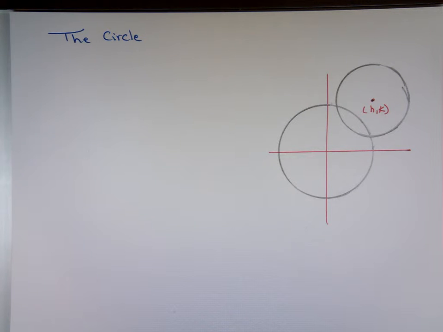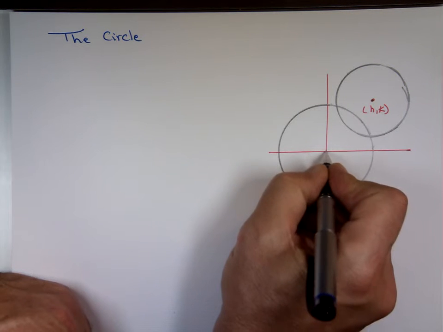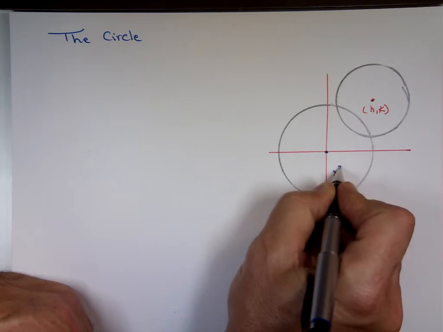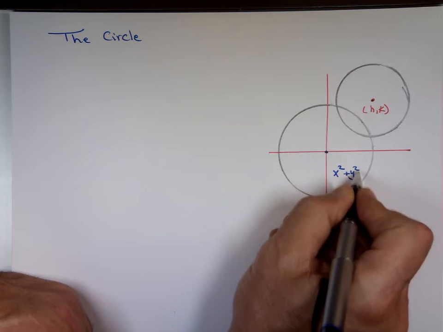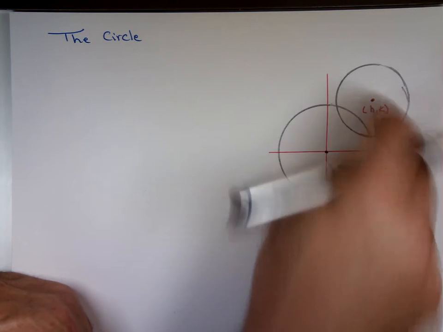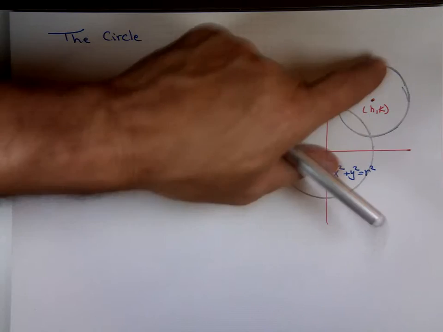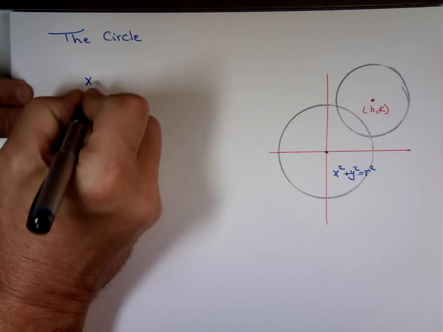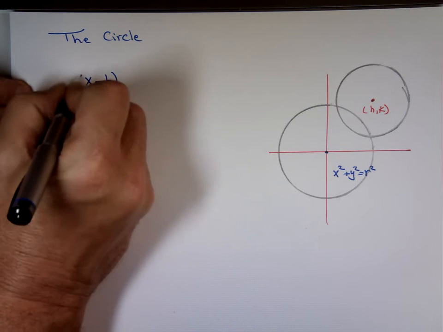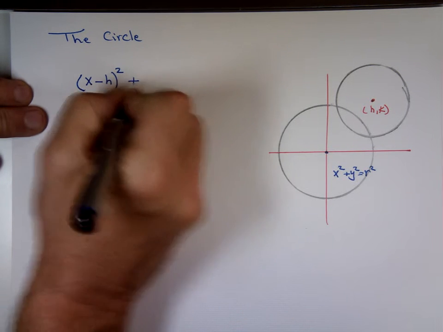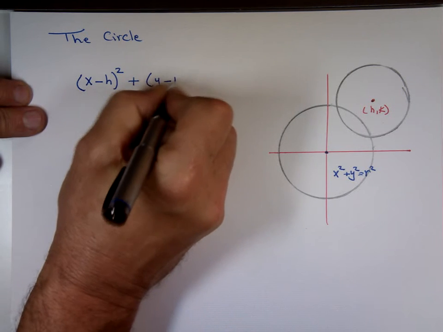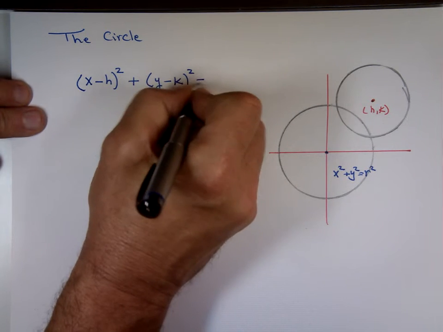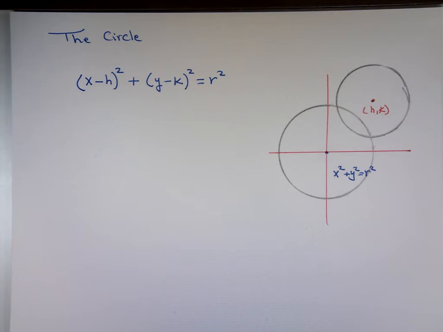So the equation for the circle, if it was centered at the origin, was x squared plus y squared equals r squared. If this circle here has its center at the origin, that is the equation for it, but not that one. That will not have that equation, because the center is somewhere else. So the standard form for a circle will be (x minus h) squared plus (y minus k) squared is equal to r squared. r is the radius.